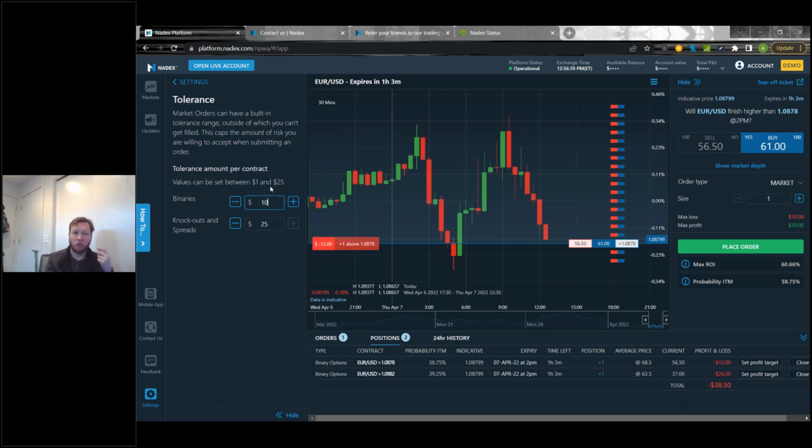I think the default is going to be 10. Very basically, if I have this set to 10, it will always fill me unless the market order, from when I press place order to when it goes to the back end of the exchange and comes back, which happens in milliseconds, goes over $10 away, or goes over your protection level. Then it won't fill you.